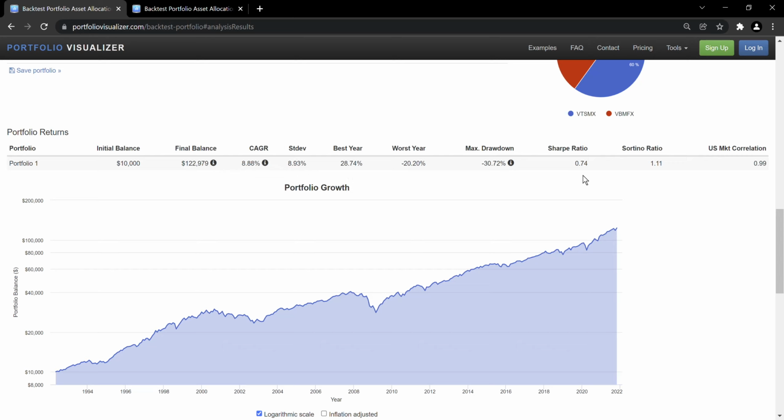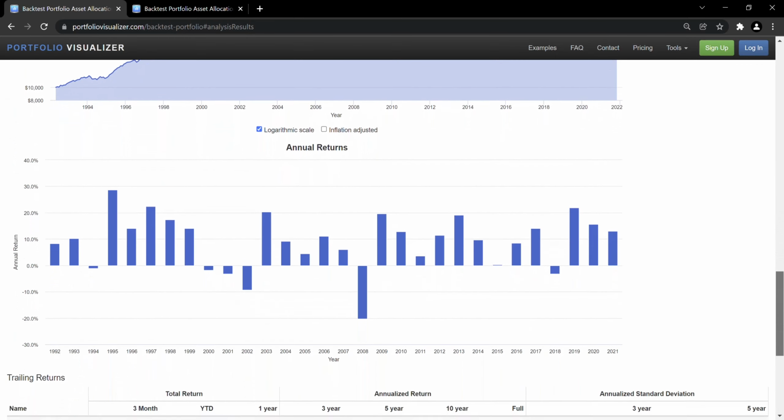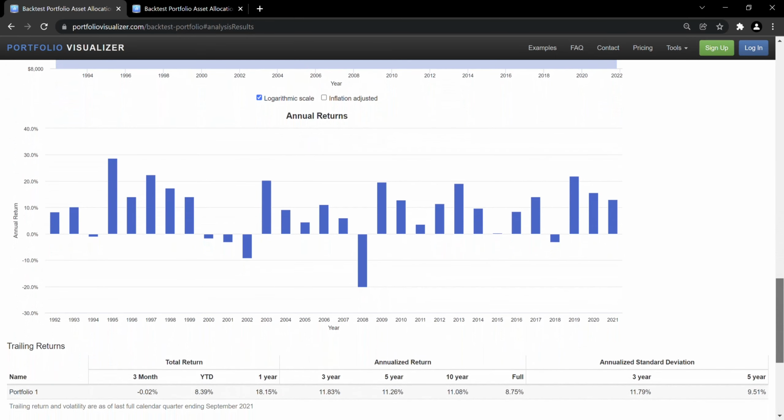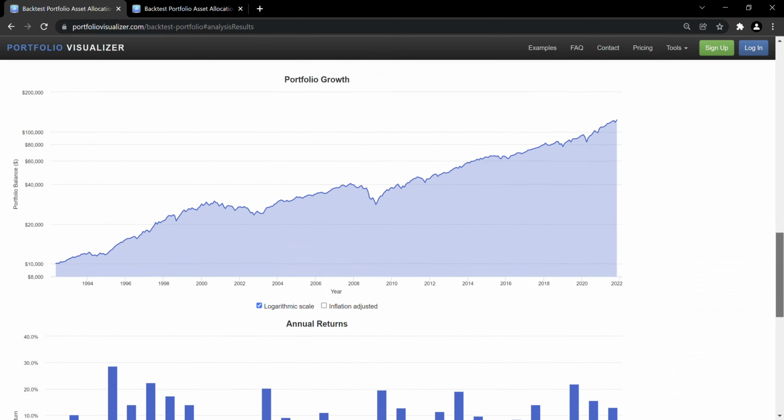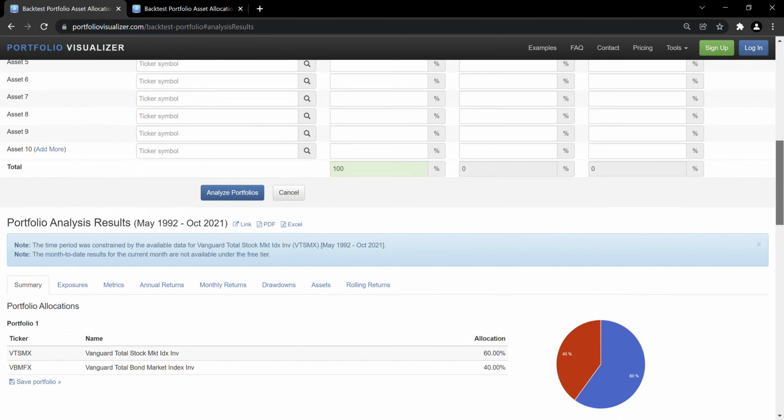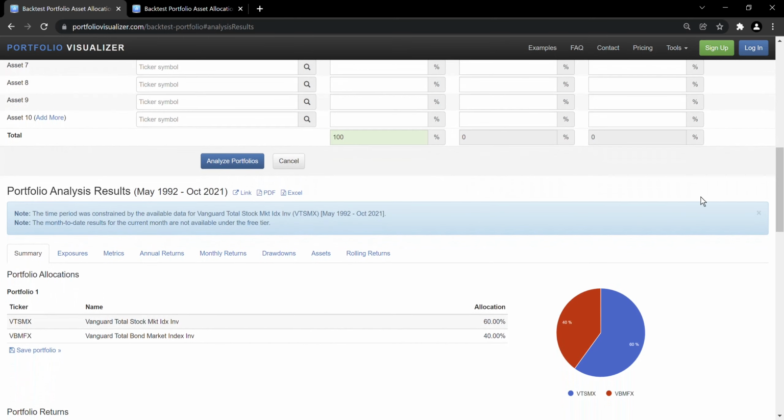This Sharpe ratio is a risk-reward ratio that you want to be as high as possible, as is the Sortino ratio. The Sortino ratio only focuses on downsides. So you can also then look at the returns over years here, and there are a whole variety of ways of slicing and dicing this.